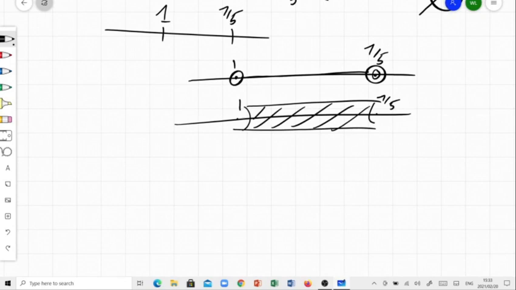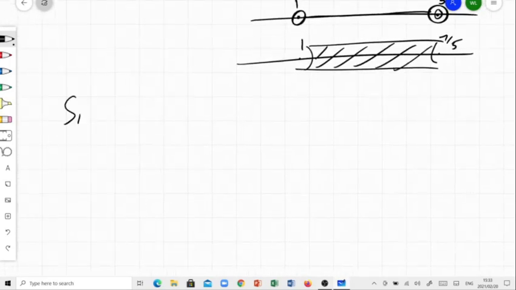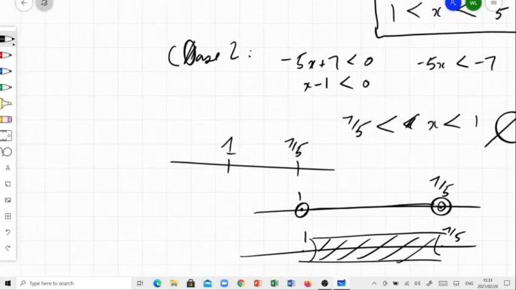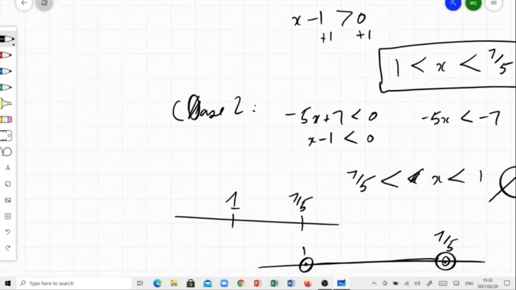Now, to expedite this, there is actually a much faster way, and this is what is called using the sign table. So what we do here is we consider the numerator and the denominator simultaneously, a quicker way than going through this.